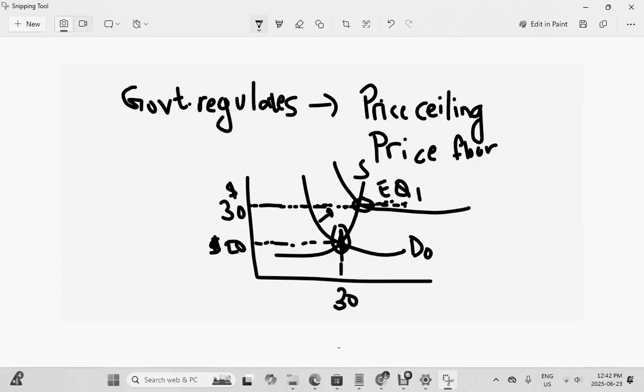At this new equilibrium point, obviously the quantity demanded goes up and the price goes up as well. And that's because of a change in the factor that impacts quantity demanded.